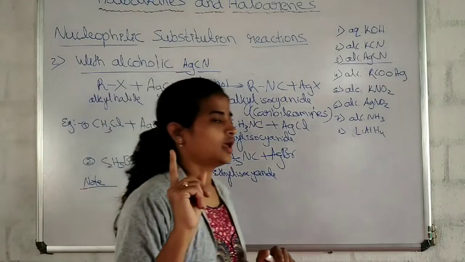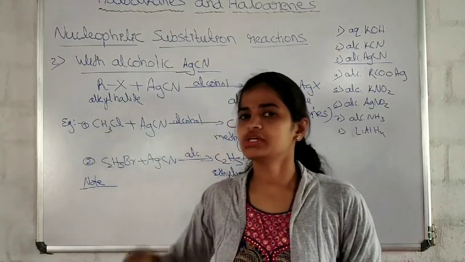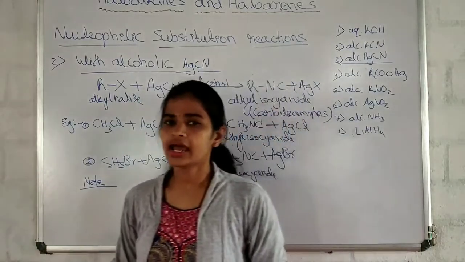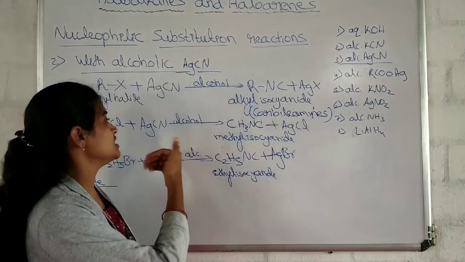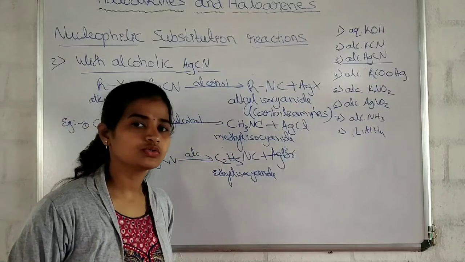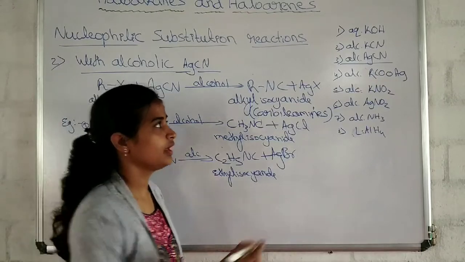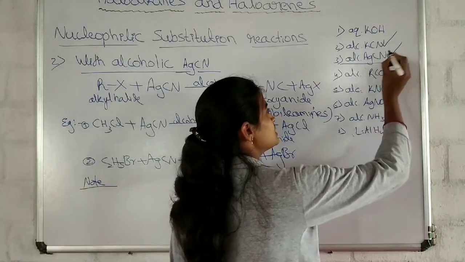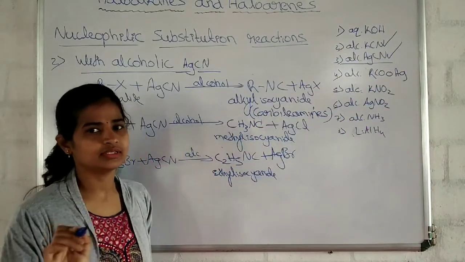Alkyl halide plus alcoholic KCN gives alkyl cyanide. But alkyl halide plus alcoholic AgCN gives what? Alkyl isocyanide. Is that clear? When I use this, I get the cyanide. When I use this, I get the isocyanide. What is the reason for that?